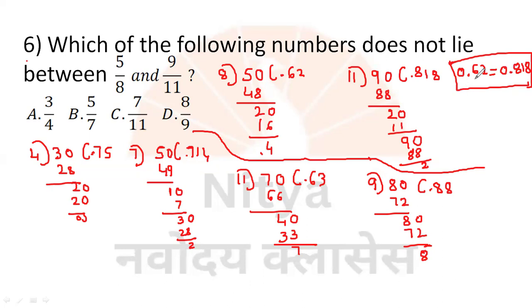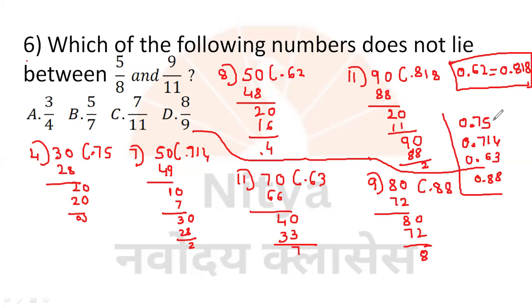So 0.75, and 0.714, and 0.63, and 0.88. Option A's value is 0.75, option B is 0.714, option C is 0.63, and option D is 0.88. So which number does not come between 0.62 and 0.818?